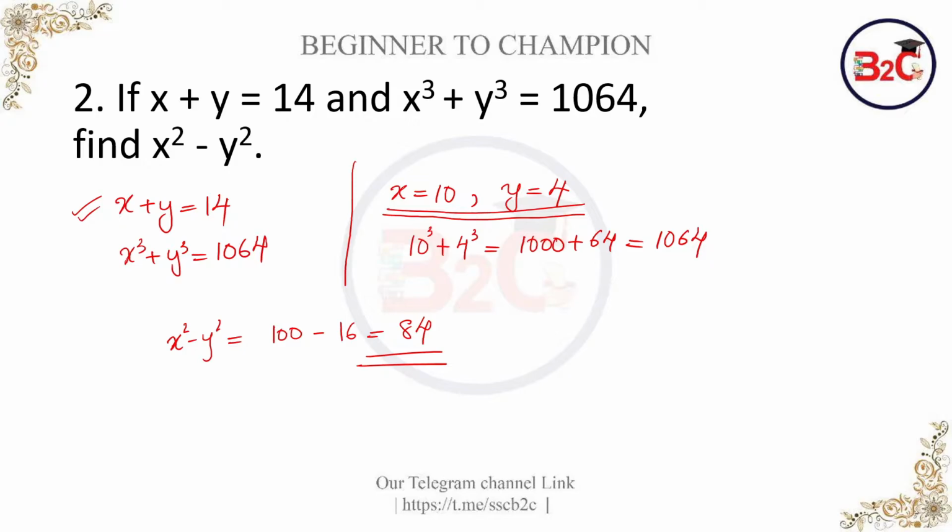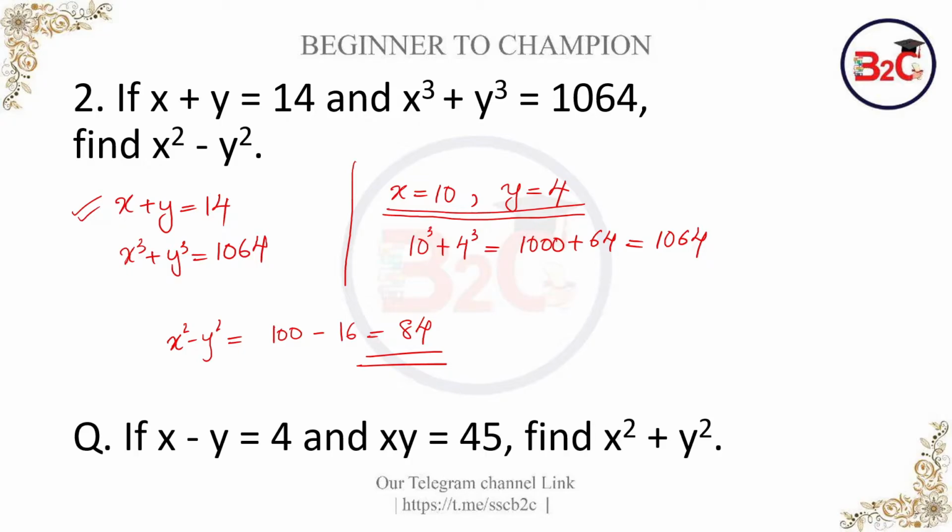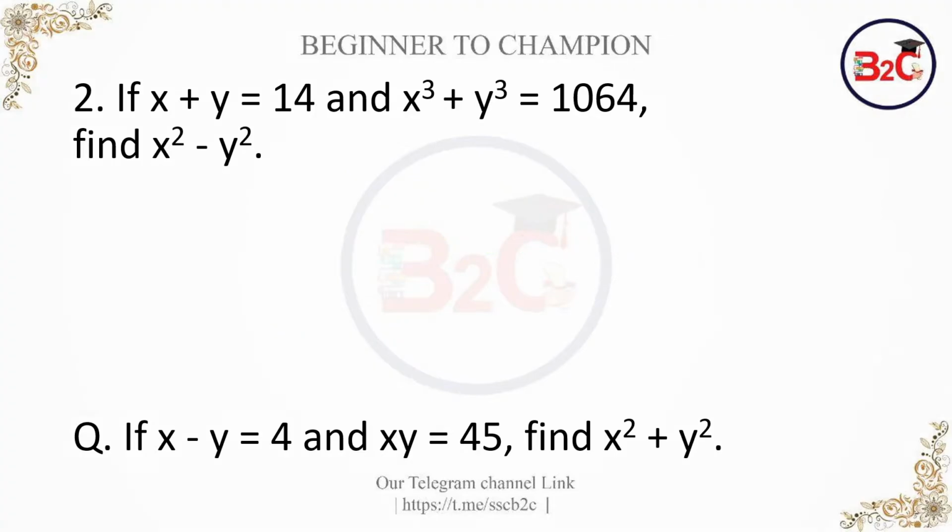Just by simple substitution of values for x and y, we can directly find the answer. We have observed that similar kind of questions have been repeatedly asked in SSC CHSL exam. So here we have an additional question for you to practice. Okay, let's go to the next question.